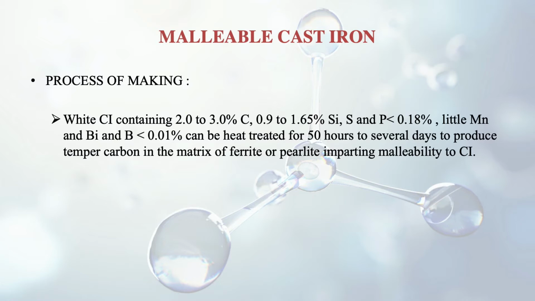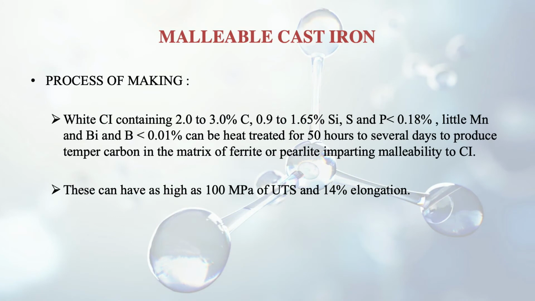This can be heat treated for 50 hours to several days to produce temper carbon in a matrix of ferrite or pearlite, thus imparting malleability to the cast iron. This is the process for making malleable cast iron, and it can have as high as 100 megapascal of ultimate tensile strength and 14% elongation also.